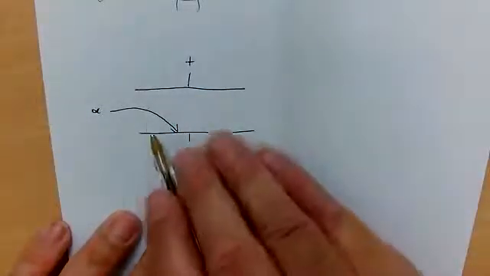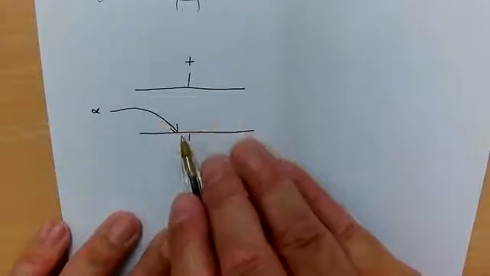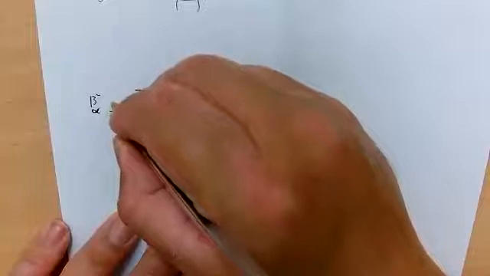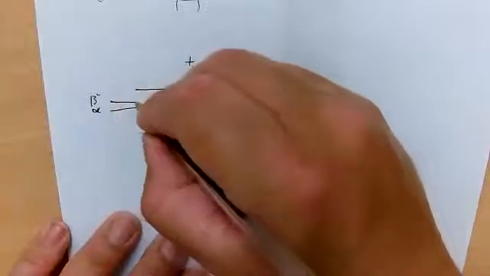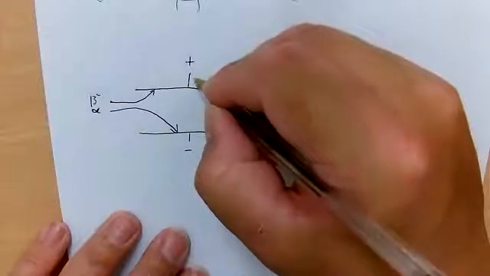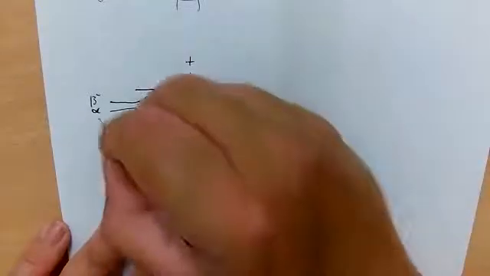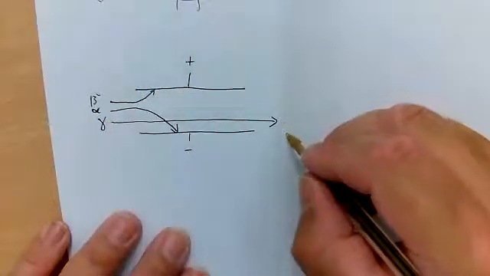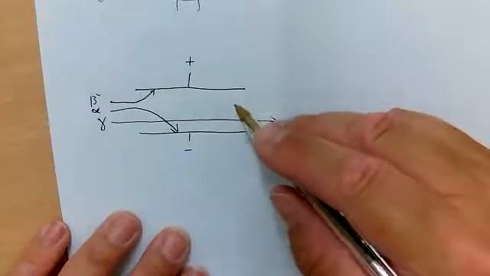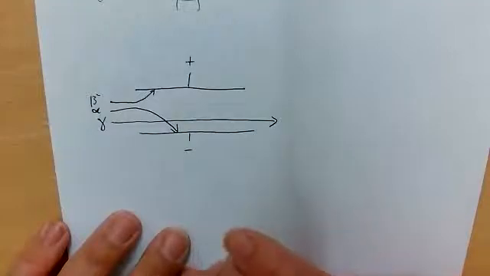Now, it's got a very large mass, so it takes quite a lot to actually get it to deflect. A beta particle has got only half the charge, but much less mass, so it will be deflected and attracted to the positive plate much more readily. However, gamma rays would go straight through. Okay, so that's one way that we can separate out the different sort of particles.